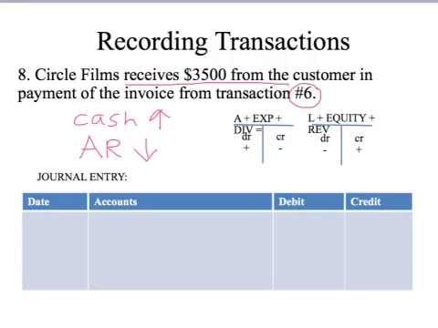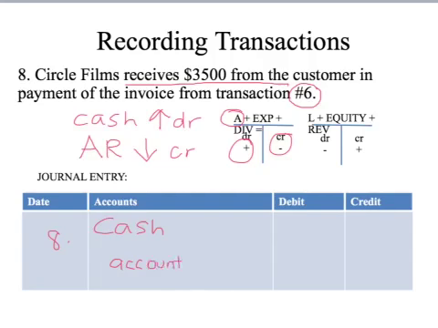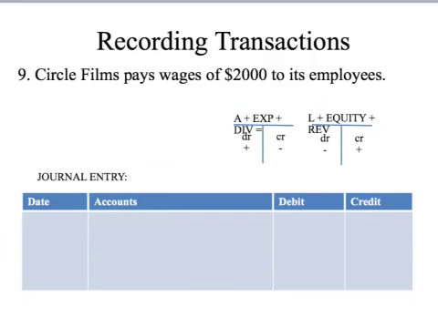Both of these are assets. The increase will be debit, the decrease will be credit. Write the debit first. We pay wages.